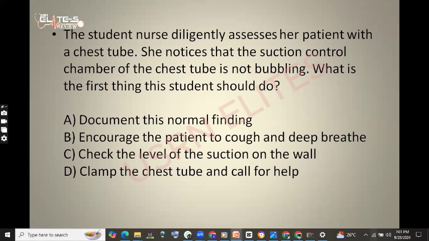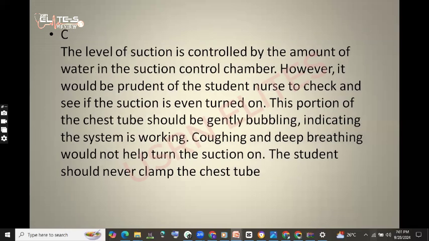Agree. People are afraid. The one who chose C, you didn't choose your answer early. You've kept quiet for long.